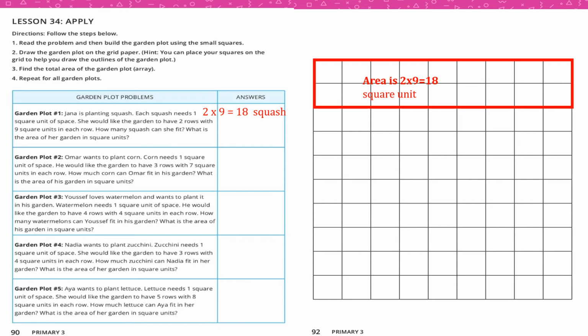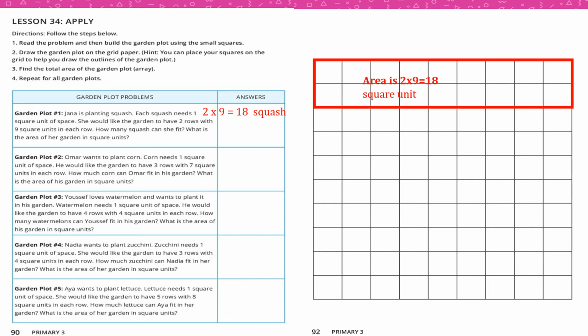Number 2, Omar wants to plant corn. Corn needs 1 square unit of space. He would like the garden to have 3 rows with 7 square units in each row.